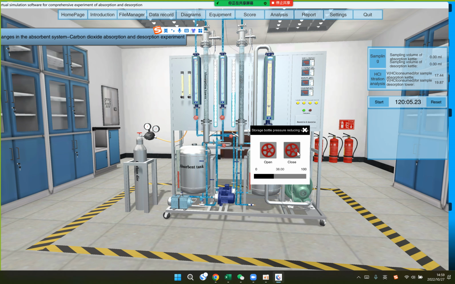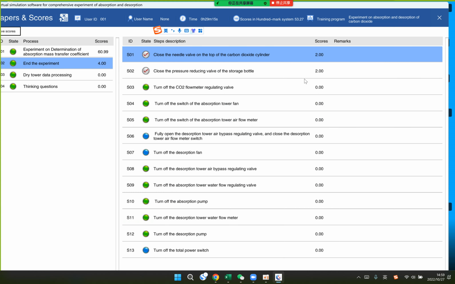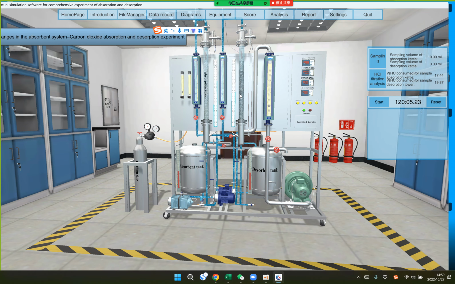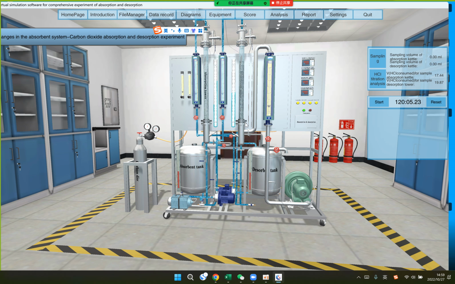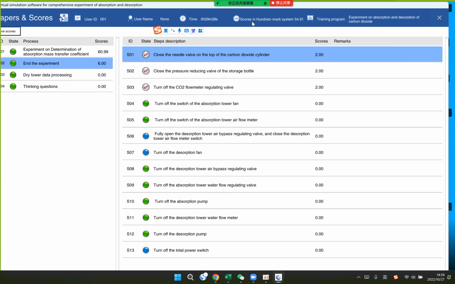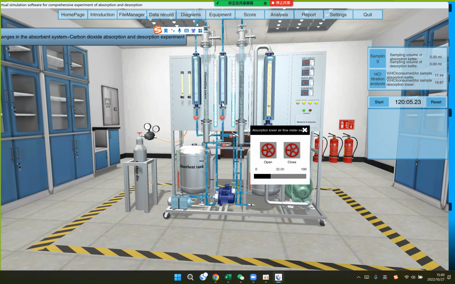Close the water first, air first, carbon dioxide first, and turn off the carbon dioxide flow rate regulation valve. Turn off the rotameter, and then for the gas, air, turn off the fan, turn off the absorption fan, and then turn off this meter.